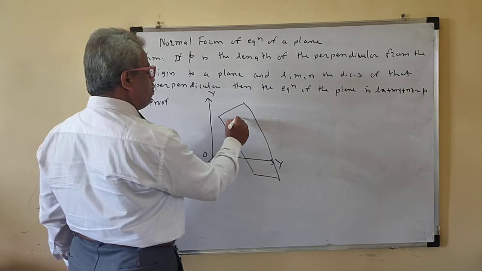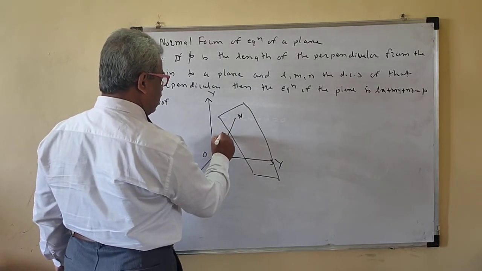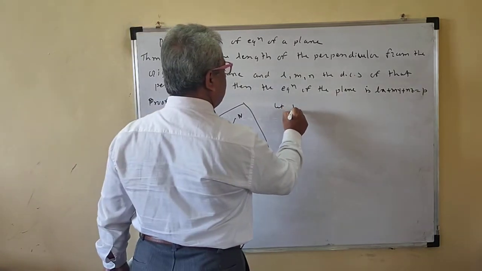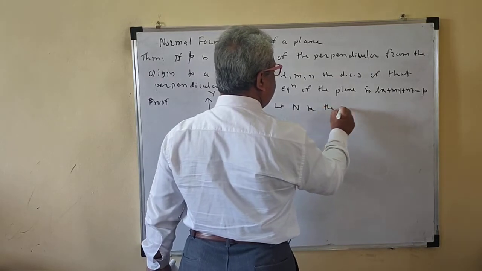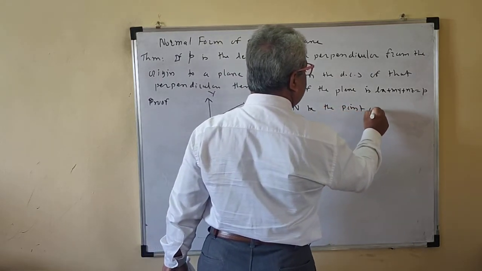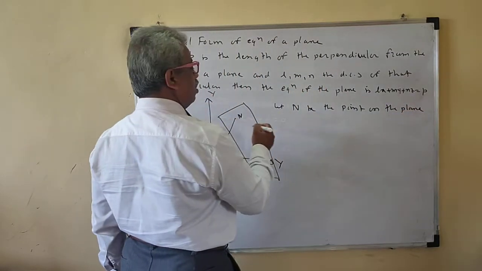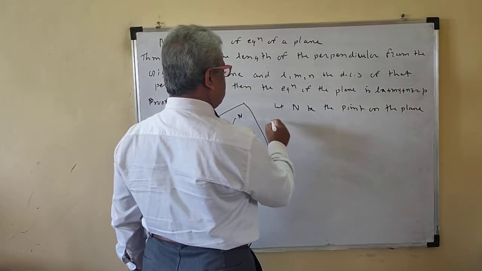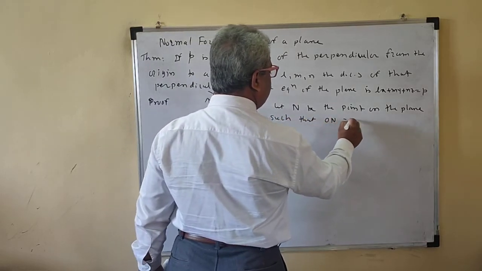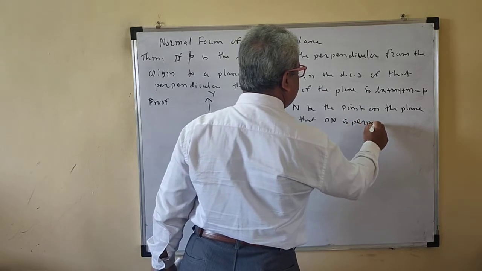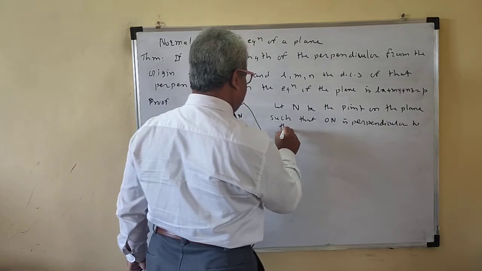Let N be the point on the plane such that ON is perpendicular to the plane.